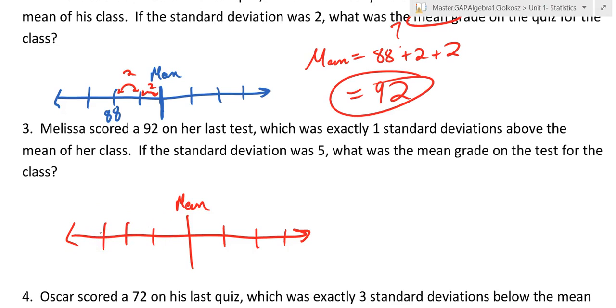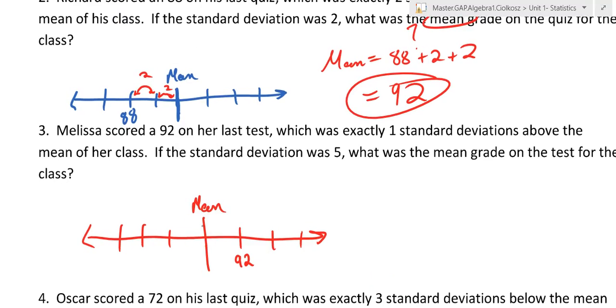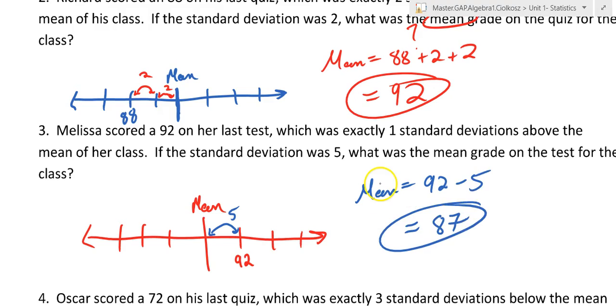She had a 92, 1 standard deviation above, so 1 above the mean. And just like we've seen in these first ones, my standard deviation was 5, so this jump here represents 5. So to figure out that mean this time, it'd be 92, and we're going to the left to get to the mean, so I'm going to subtract 5. Checking in GeoGebra, we should get 87.